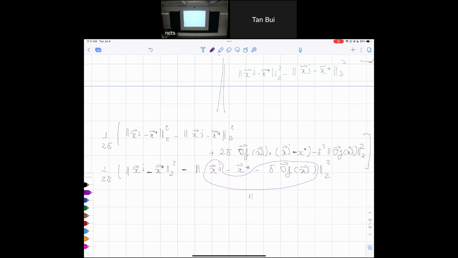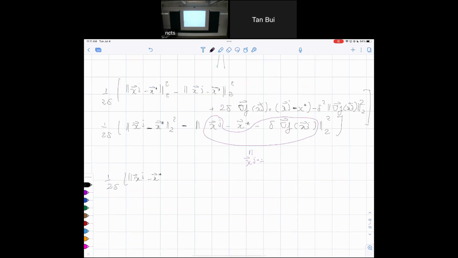Okay, so this is 1 over 2 delta of xj minus x star. Okay, so you see that we are almost there. We actually now completely eliminate the gradient by using the definition of gradient descent, right? We completely remove the gradient, which is very nice.